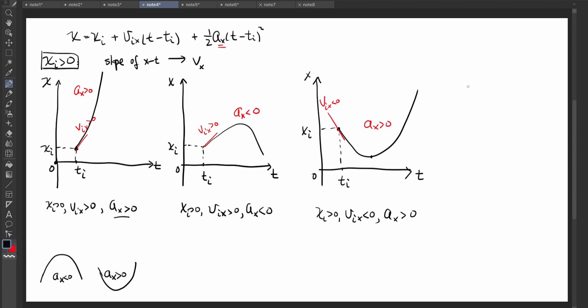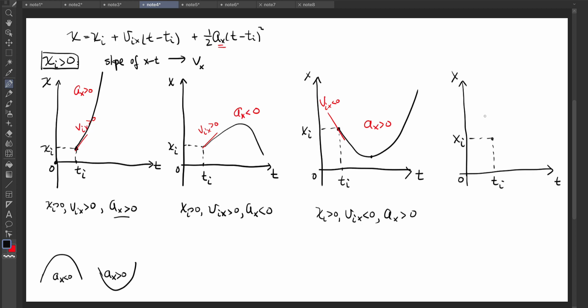Okay, last situation. So again, we have an initial time, initial position.